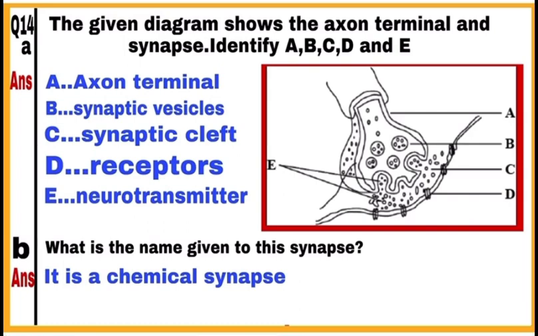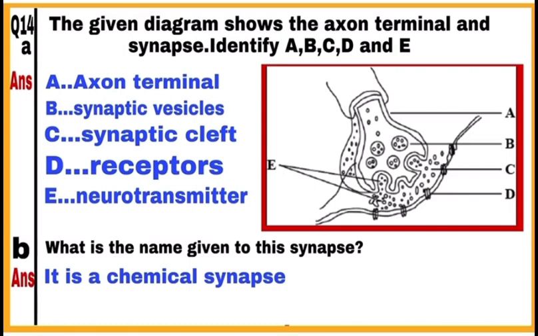C is synaptic cleft. It is a gap between presynaptic and postsynaptic neurons. D are receptors to which neurotransmitters bind, and they are present on postsynaptic membrane. And E is a chemical called neurotransmitter.